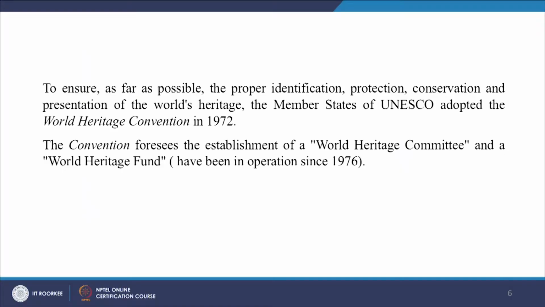These are about how to implement the discussions that happened in the World Heritage Convention. Basically, these are a set of operational guidelines for implementing the World Heritage Convention. This has been organized in collaboration with the World Heritage Convention and UNESCO, and it is available on the internet, which I have just given you.